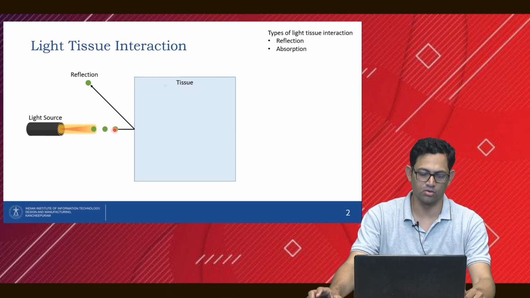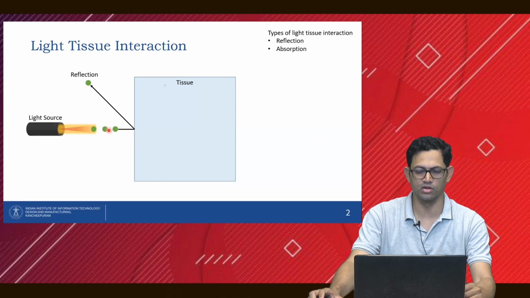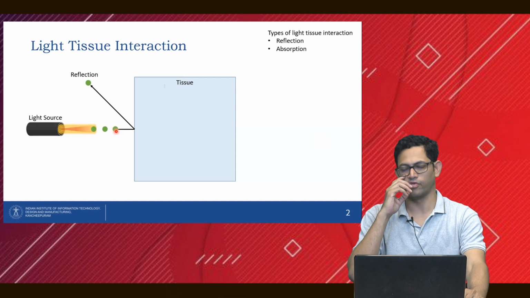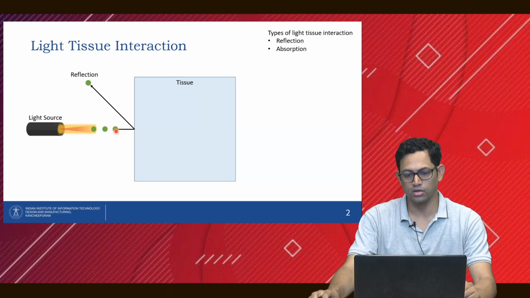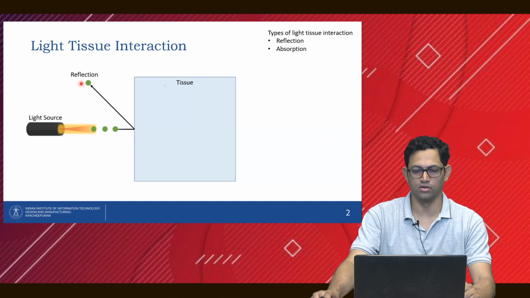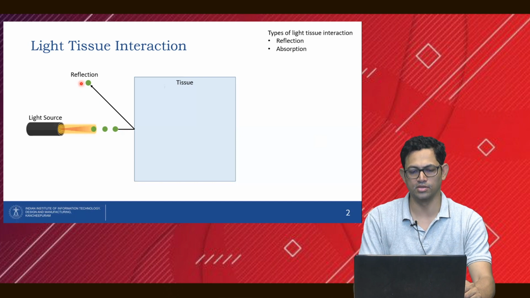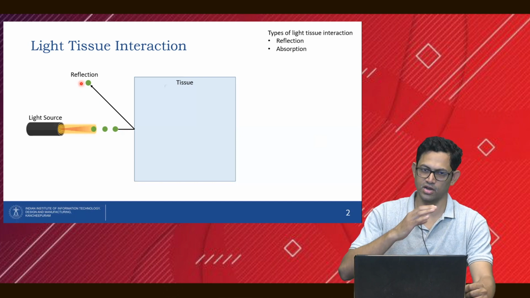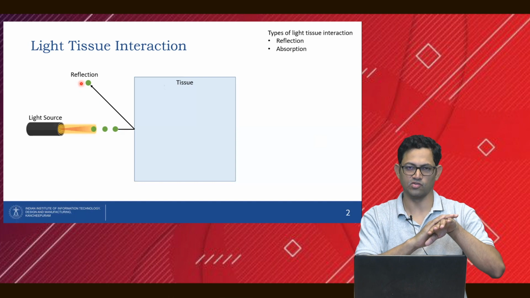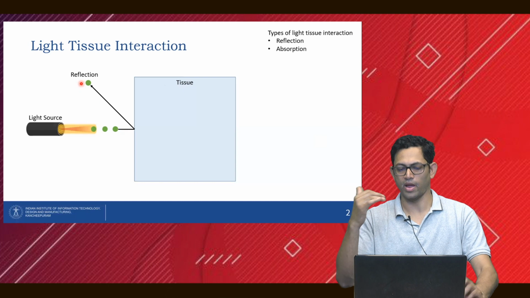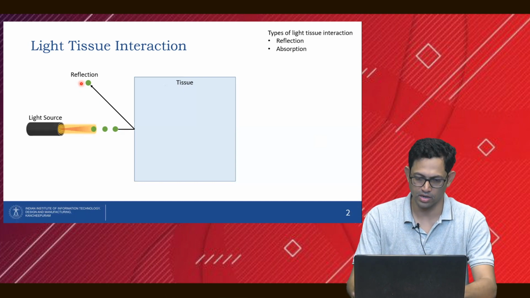I'm shining a monochromatic light source which is green in color, having a peak wavelength of around 545 nanometers. Now it interacts with my tissue, and it actually gets reflected at a particular angle. So reflection is the first thing that occurs on the interface of your tissue. The light interacts with the tissue, and then it just reflects back.